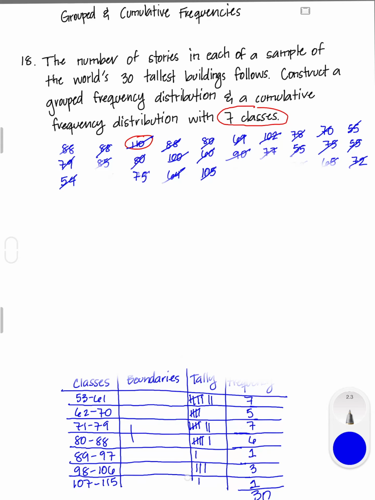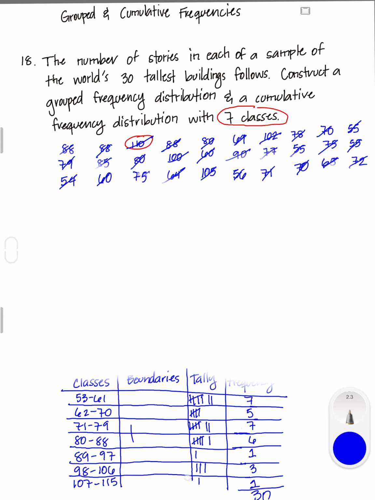Okay, almost there. So this will be 60, and then 64, 105, 56, 71, and 70, and then the 65.